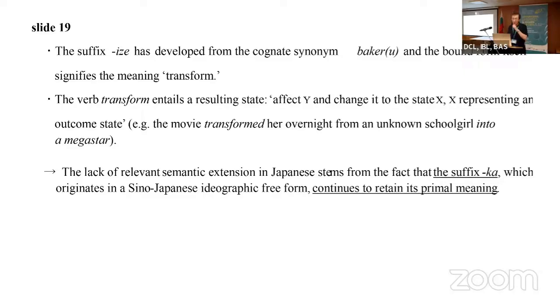For example, the movie transformed her overnight from an unknown schoolgirl into a megastar. So transform entails the resulting state. Therefore, the lack of relevant semantic extension in Japanese stems from the fact that the suffix ka, which originates in a Sino-Japanese ideographic free form, continues to retain its primal meaning.